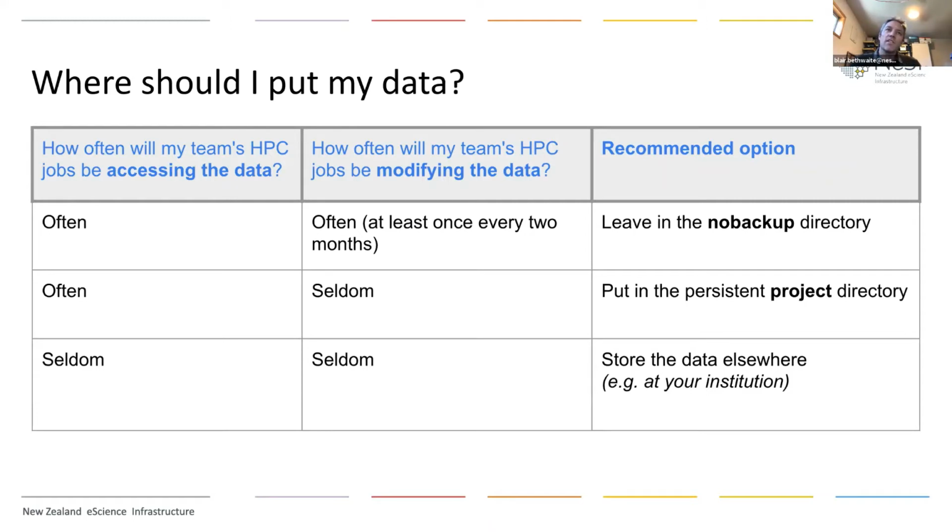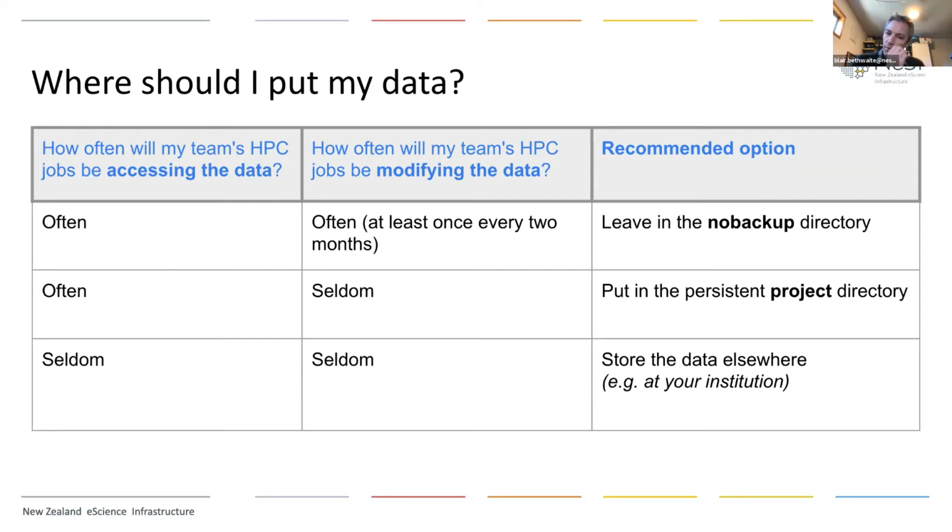The key difference is that if you are changing the data on a frequent basis, like data that might be used actively from jobs, then we really prefer that to be on the nobackup file system, so that we don't cause a large churn in our backup infrastructure that's behind the persistent project file system.